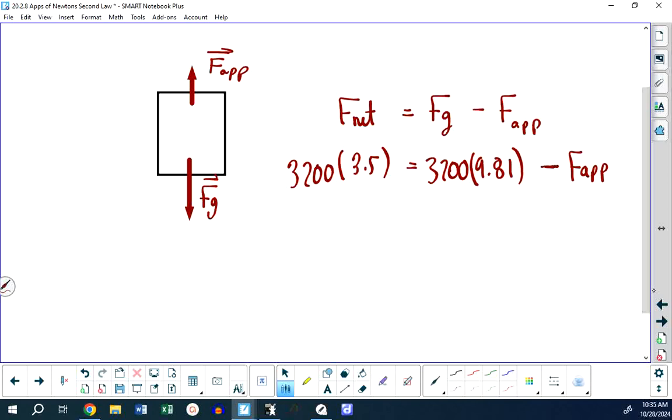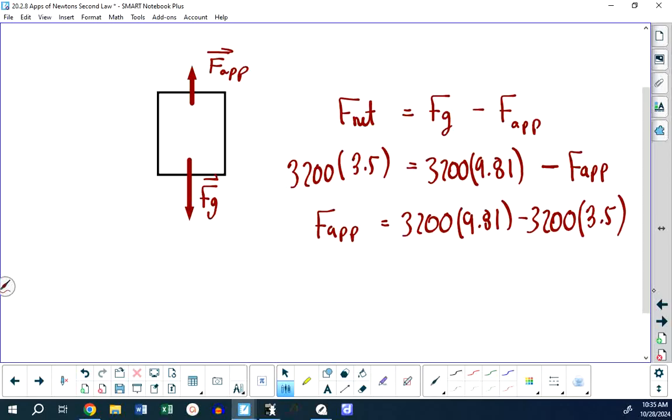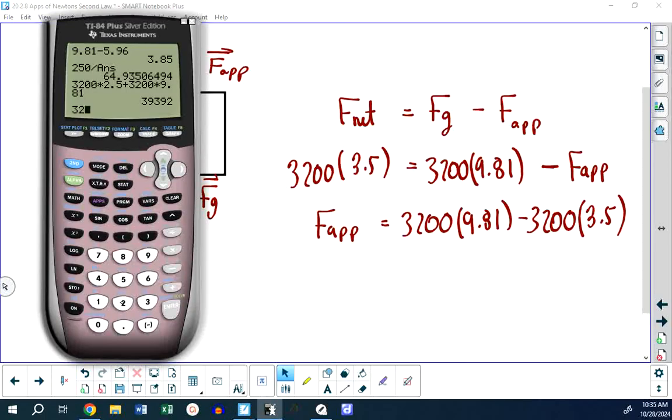I don't like negative things that I'm trying to find, so I move that to the other side where it becomes the positive of the applied force, and it will be 3,200 times 9.81 minus 3,200 times 3.5. Do you get the same answer? Good. 2.0 times 10 to the 4.